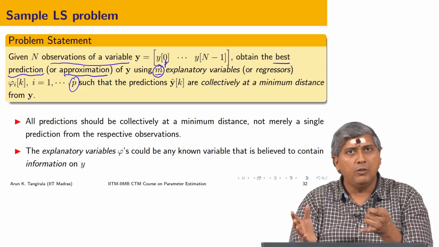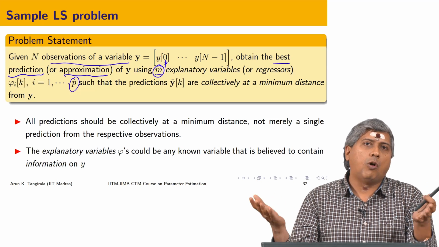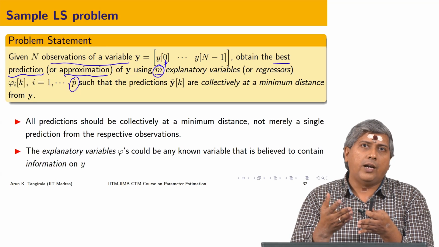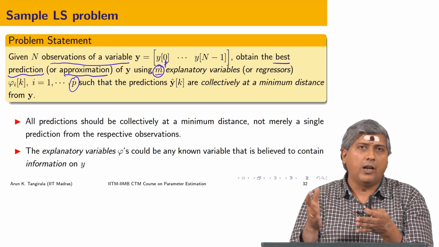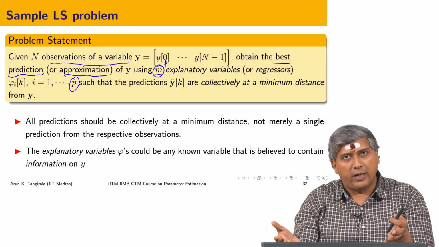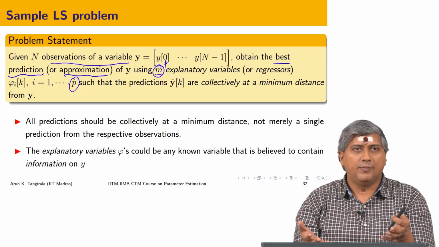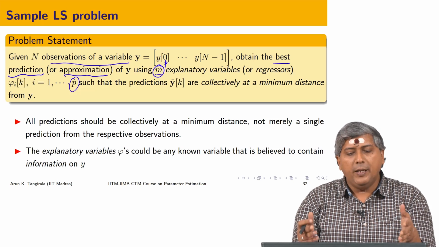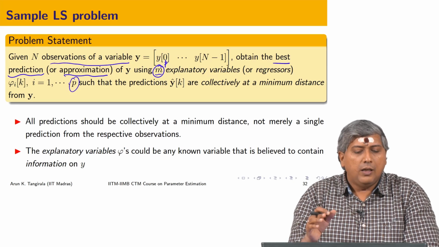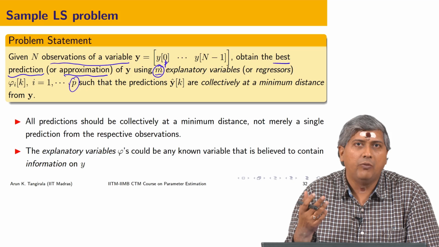One, we may not know the complete set. For example, we may not know what essentially contributes to the height. Is it weight and particular hormone levels and some other biological factors? We may not have a complete list, or we have a complete list, but we are unable to measure all of them. So, typically these p explanatory variables that we have cannot be assumed to fully explain y.